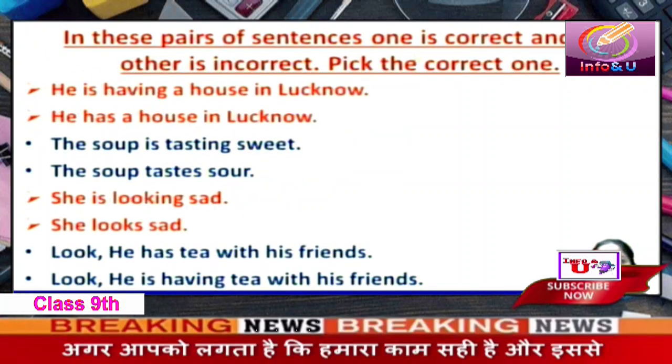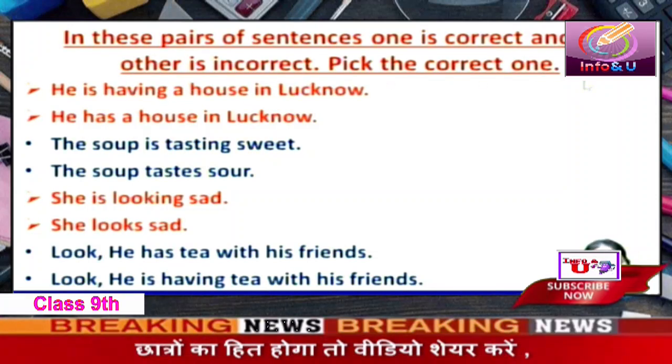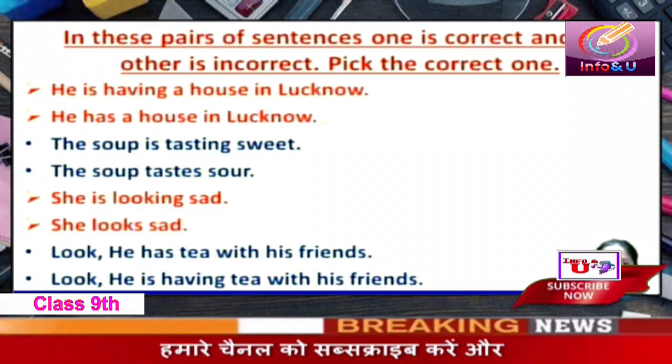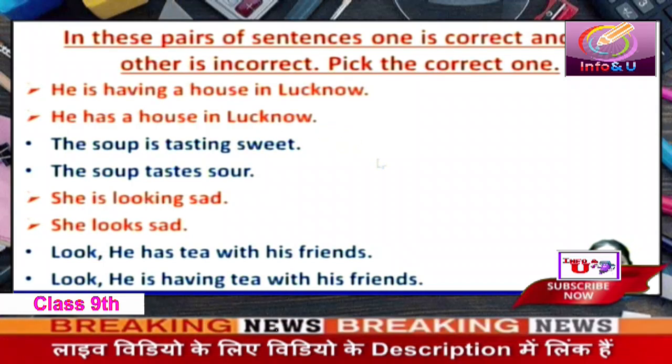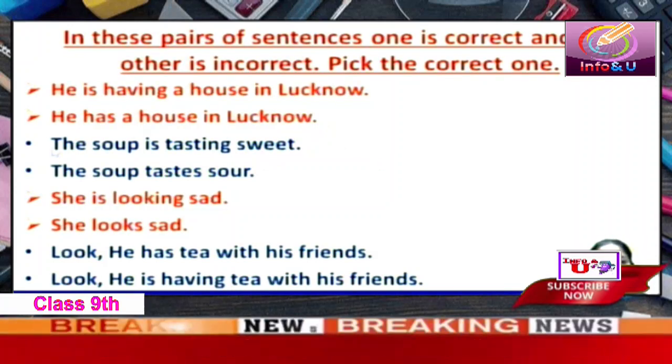In these pairs of sentences, one is correct and the other is incorrect. Pick the correct one. He is having a house in Lucknow, or he has a house in Lucknow. Which one is correct? Now, note down the answer. Now we move to the next pair.